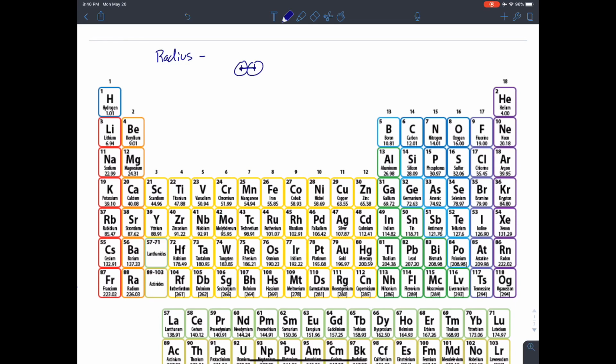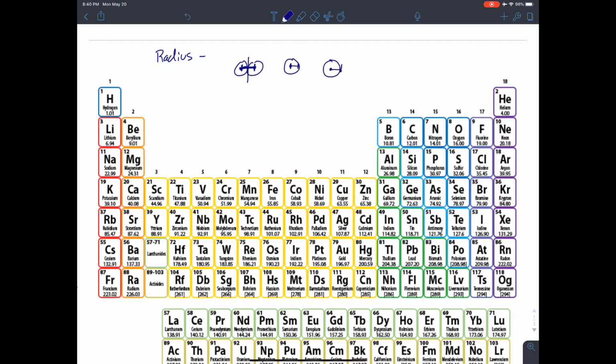I think it's easier to think of it as the distance in one atom from the nucleus to the outermost electrons. Now, technically, we can't see where the outermost electrons are at any given time, so we can't really measure it. It's easier to measure if you have two of the same element. You can measure from nucleus to nucleus and cut that in half, and you'll get the size of the atom. But essentially, in theory, we're talking about measuring from the nucleus to the outermost electrons.